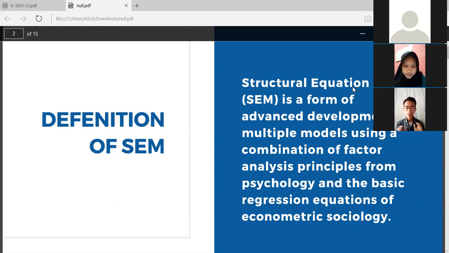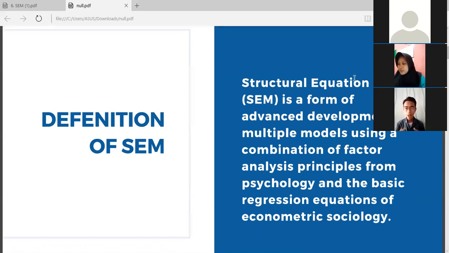So what is SEM? What is structural equation model? SEM is a form of advanced development of multiple model using a combination of factor analysis principle from psychology and the basic regression equation of econometric sociology.